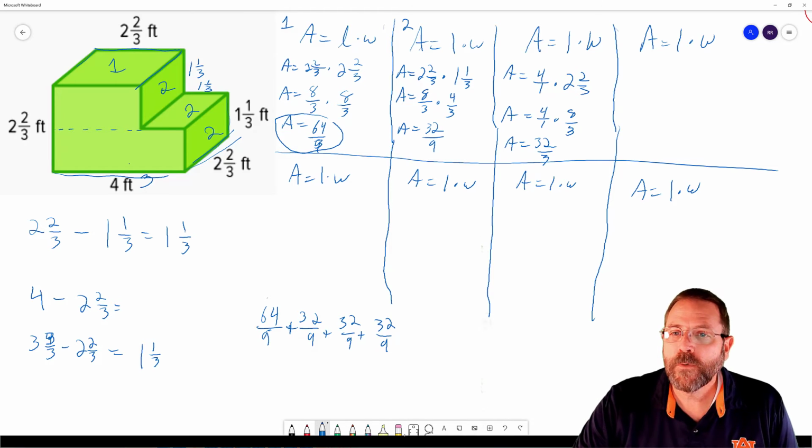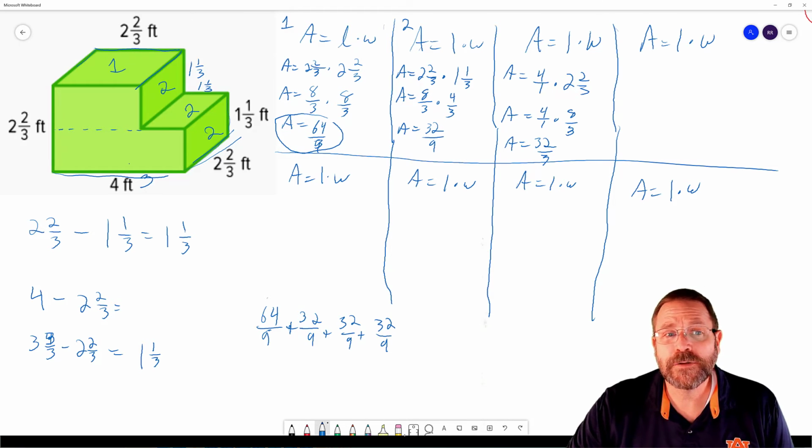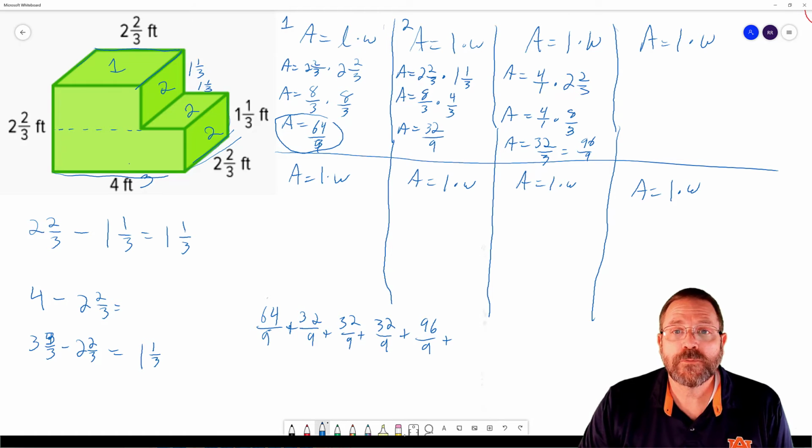Now I'm going to take that 32/3. I've got ninths so far. I'm hoping ninths can be my common denominator. So I'm just going to convert that to be 96/9, and that's what I'm going to put right here, 96/9. And now I'm ready to go to the next rectangle.